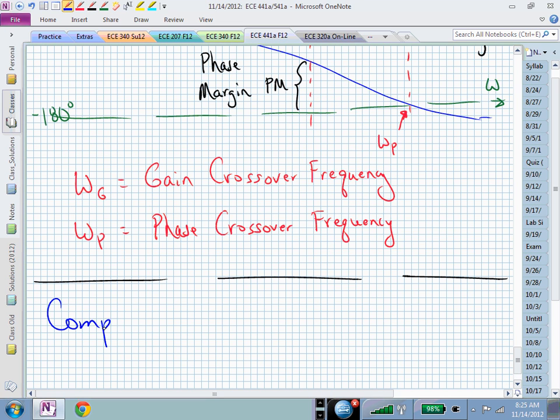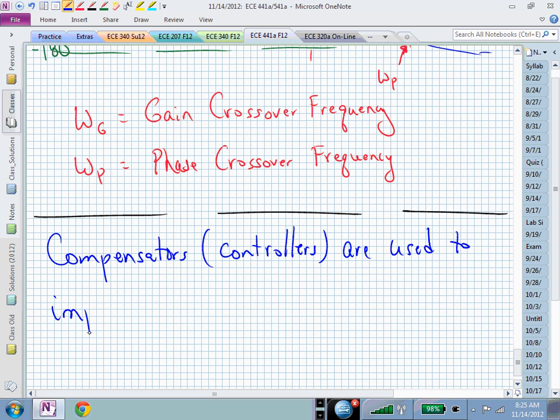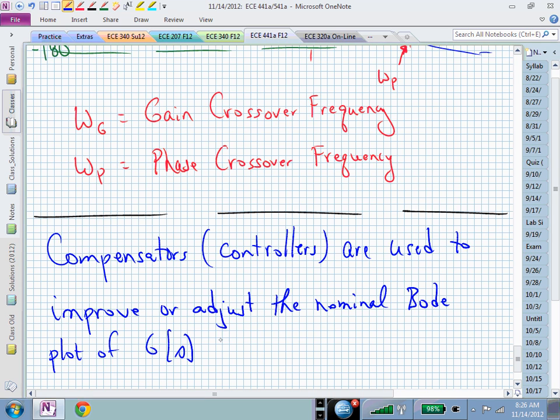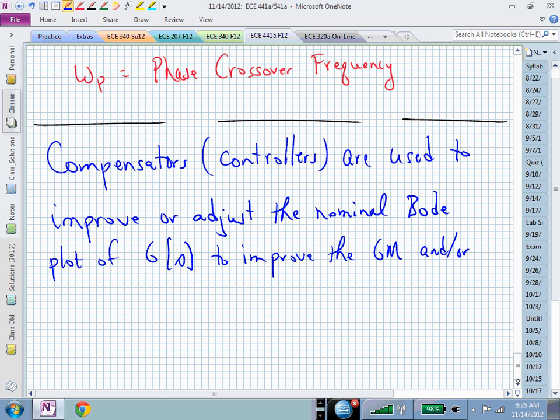So these compensators or controllers are designed to improve or adjust the nominal Bode plot of G of S to improve the gain margin and/or the phase margin.